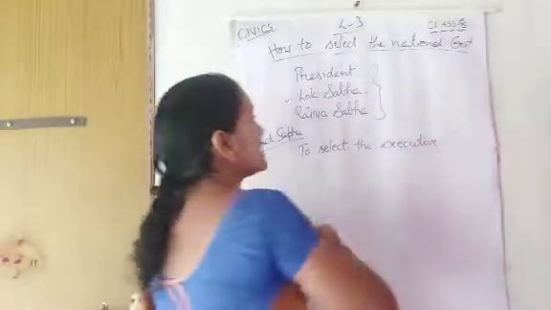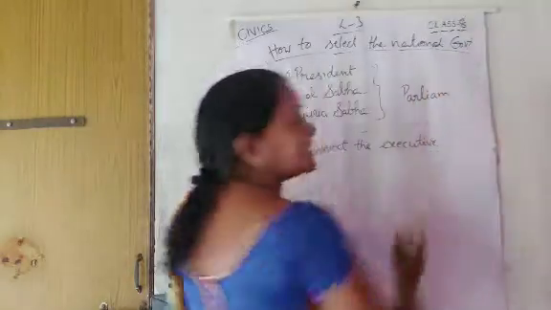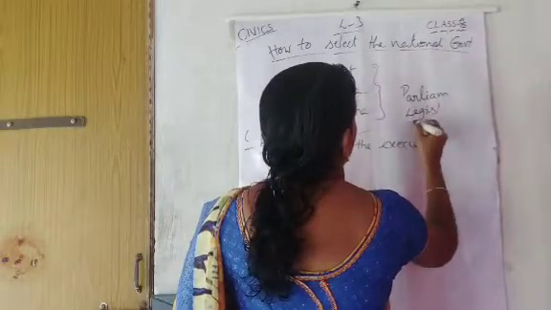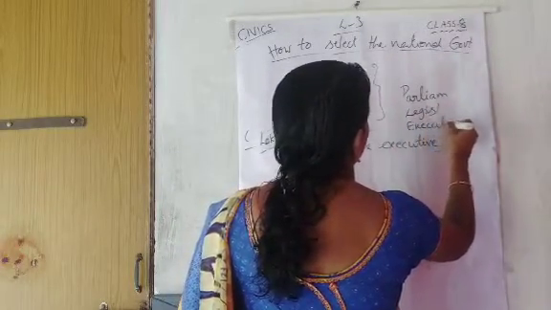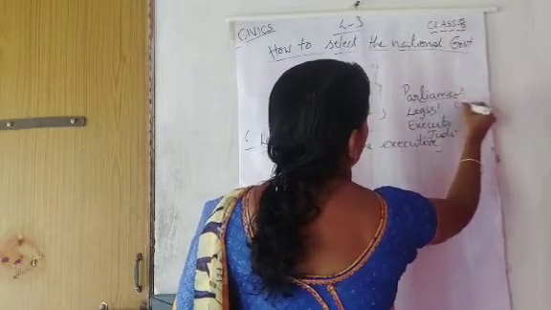Here this parliament is the legislature. I already told you, the legislature, executive and judiciary are the three main organs of the government.